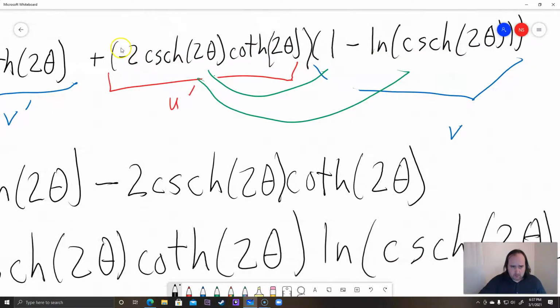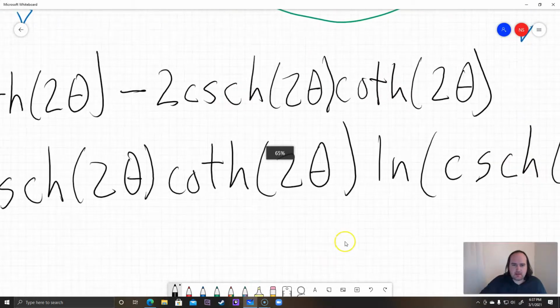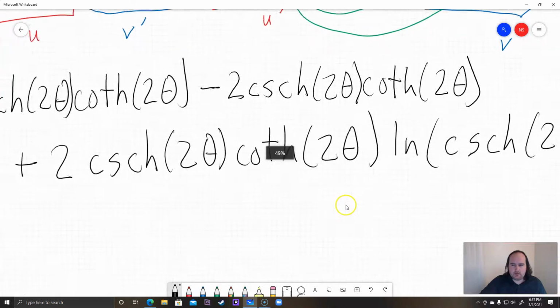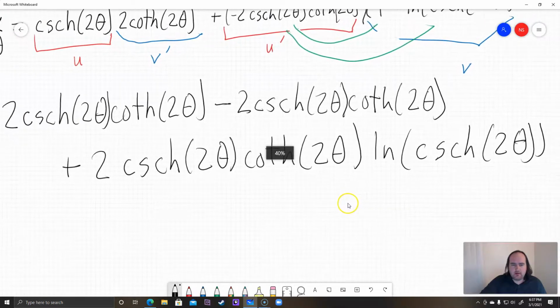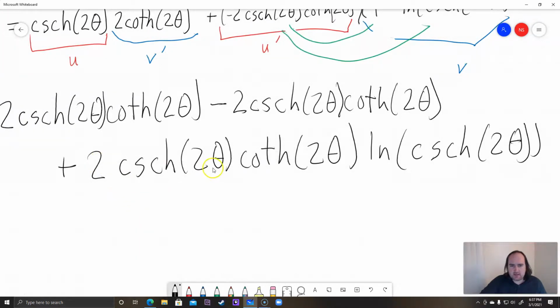So when we distributed this negative 2 cosec coth to the 1, that gave us this right here. And when we distributed the negative 2 cosec coth to this term, the minuses canceled out, and we got 2 cosec coth times ln of cosec. So that's what gave us, zooming out a little bit again, 2 cosec coth ln of cosec right here.